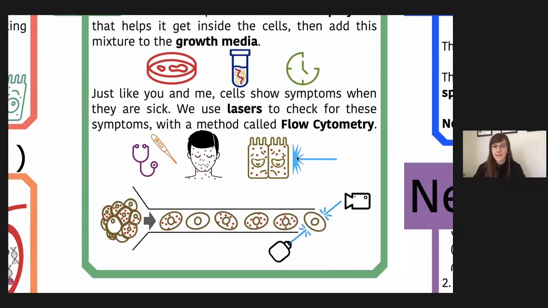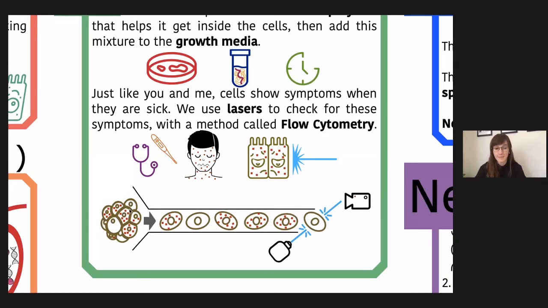For any experiment, we have to have a way to measure what the effect is. And fortunately, just like you and I, cells have symptoms when they're sick. But unlike us, you can't use a thermometer or check the heartbeat of a cell. So we have to have other ways to look at their symptoms to see if they're sick. We use lasers in a method called flow cytometry. I have a diagram depicted here.